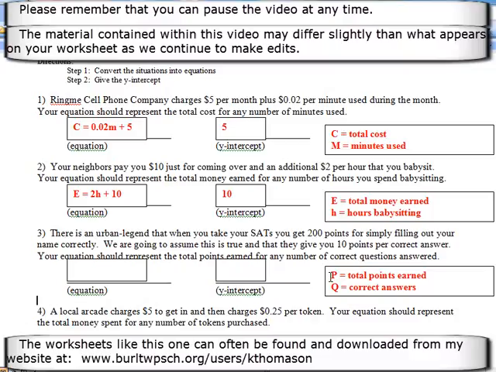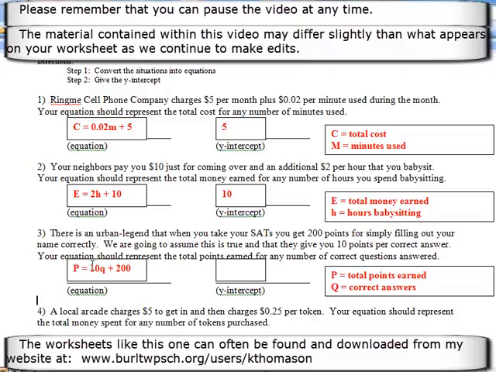Keep in mind you can choose whatever letters you want as long as you explain what it means, like if you wanted to pick T or F or any letter, it doesn't matter. And I chose Q for correct answers. So what's our equation going to look like? Your total points earned is going to depend on the amount of correct answers you get.